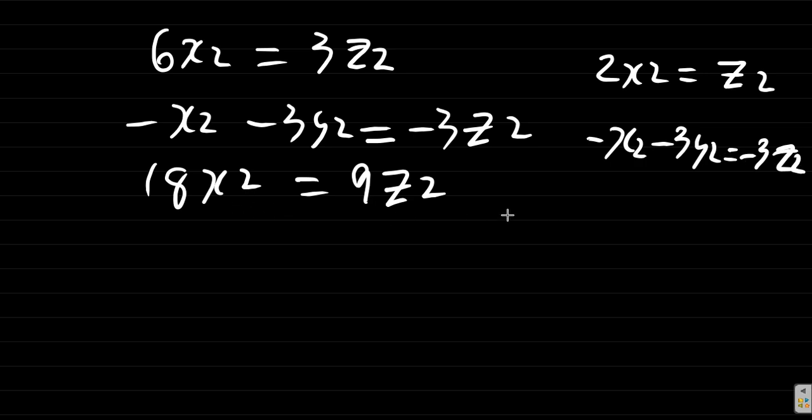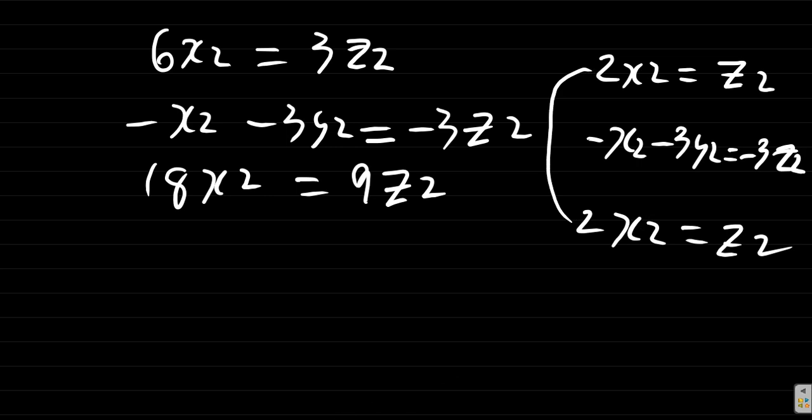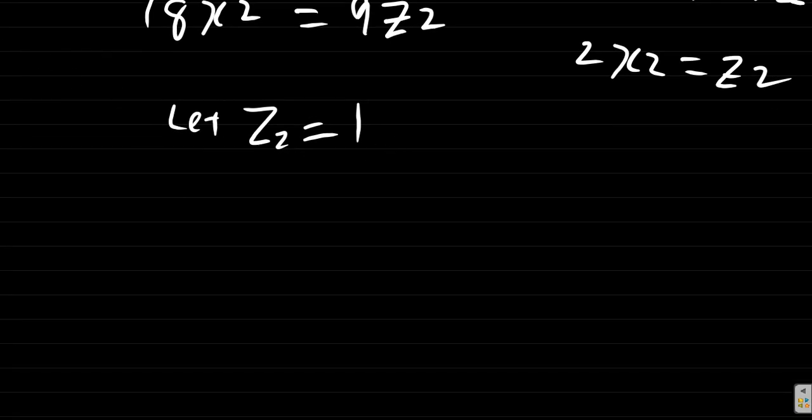But this one, if you divide by 9, we have 2x2 equal z2. So these and these are the same, right? Now, let z2 equal 1. What would be the eigenvectors here?